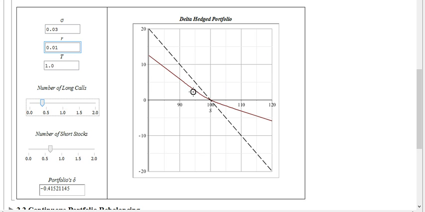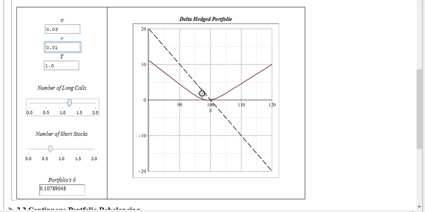That means that we can make money when the stock drops in price, but we will lose money when the stock increases its price. However, we can change the number of calls given the number of short stocks, and we could have a schedule that shows that it is possible to make money when the stock increases and also make money when the price of the stock drops.